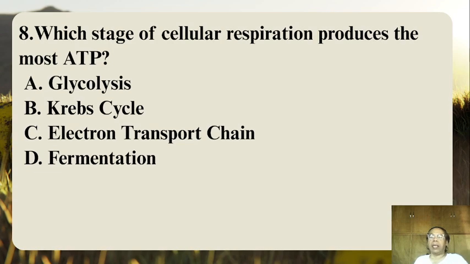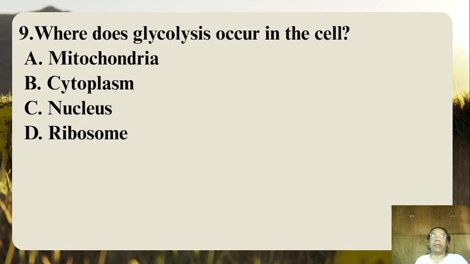Letter D, fermentation. Number 9. Where does glycolysis occur in the cell? Letter A, mitochondria. Letter B, cytoplasm. Letter C, nucleus. Letter D, ribosome.